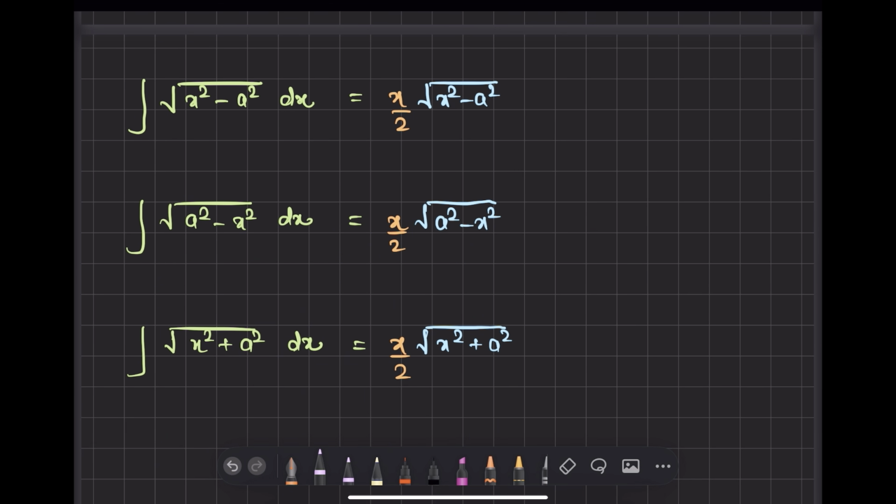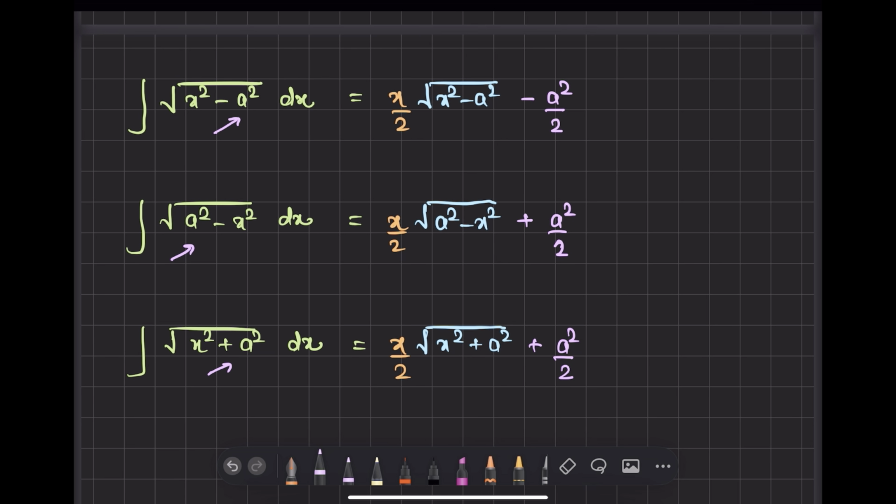Now you have to focus on a. Look at this, here a is negative, so negative a square by 2. Here a is positive, so positive a square by 2. Here a is positive, so positive a square by 2.